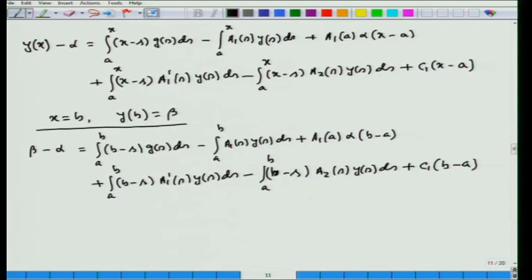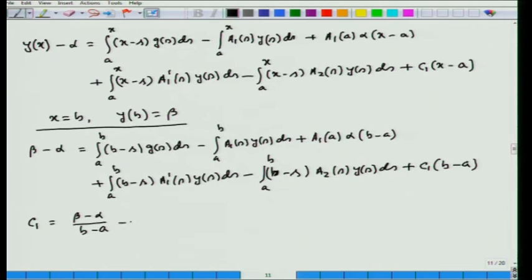So, ultimately we will be having c 1 equal to beta minus alpha divided by b minus a, and then this entire quantity we have to shift onto the left hand side. Interchanging the left hand and right hand sides, all this expression will have a minus 1 factor at the beginning.